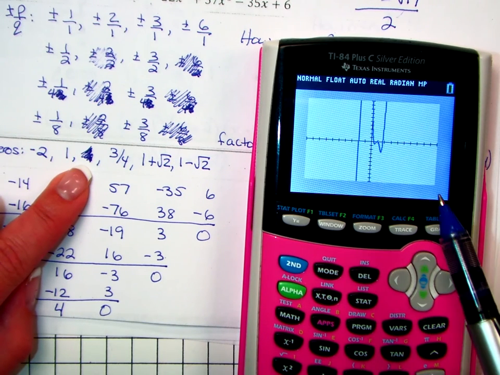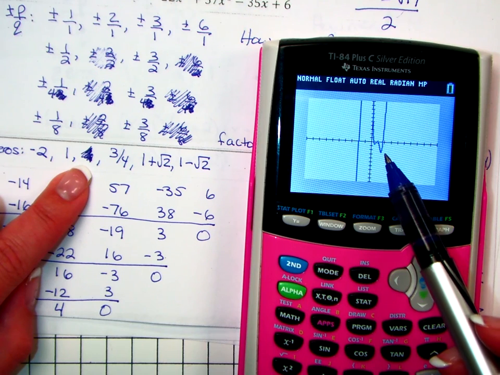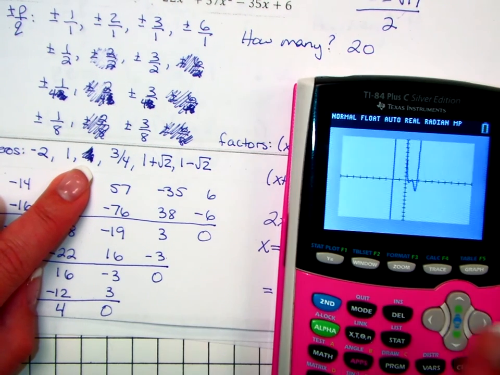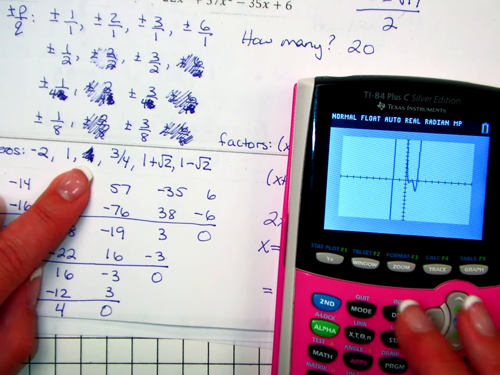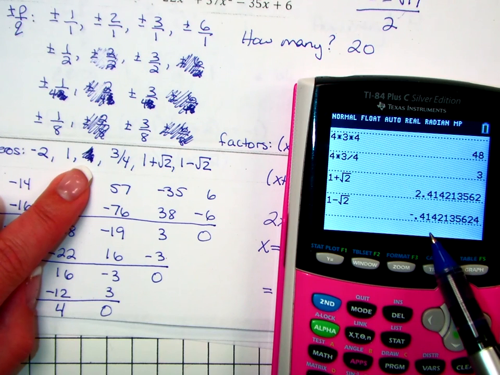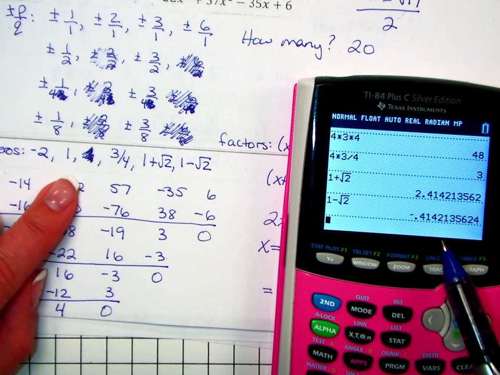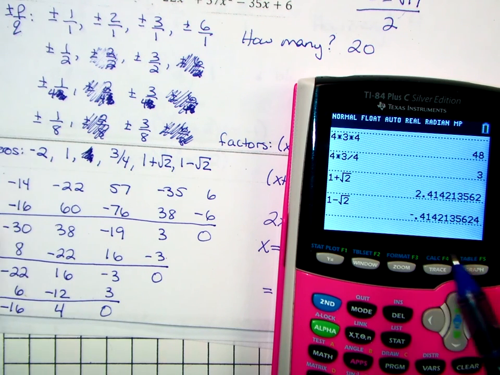Why is... what? 2.4 and negative 0.4. Equal. All right.